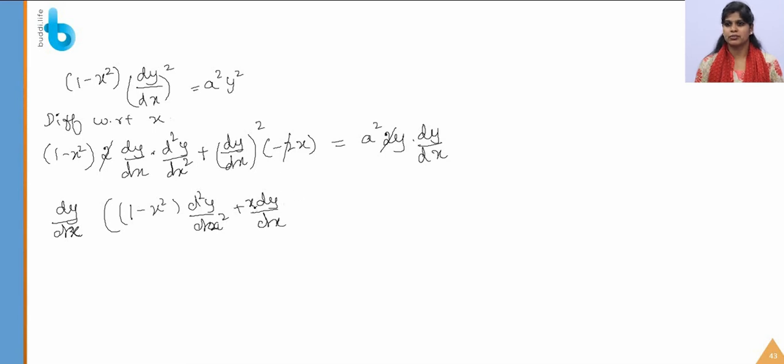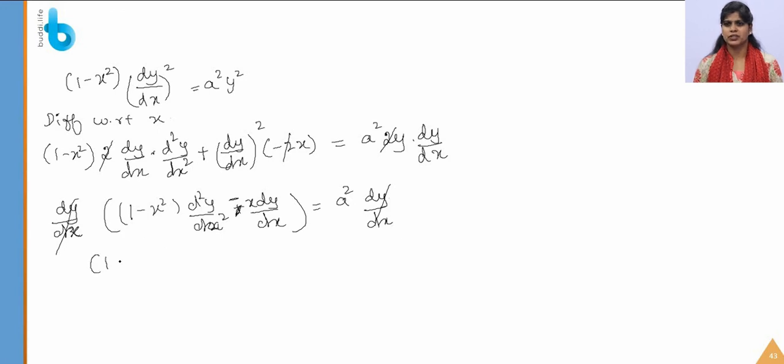Actually here it will become minus. Okay, equal to a square into dy by dx. So this dy by dx and this dy by dx get cancelled.